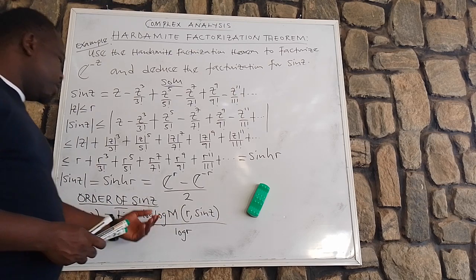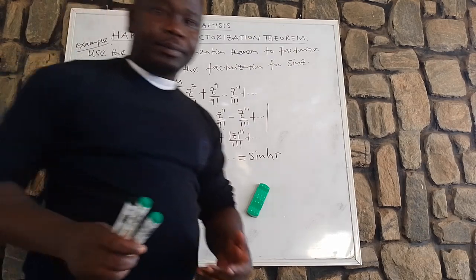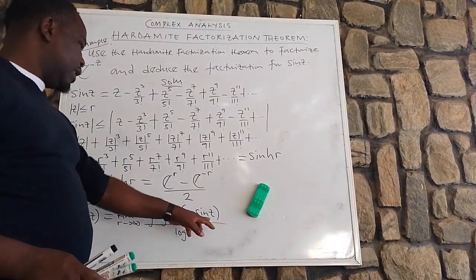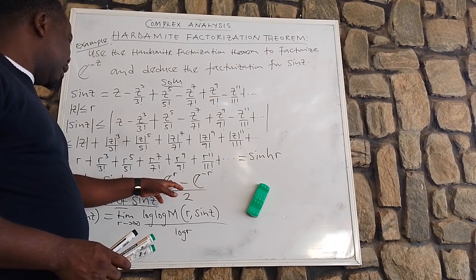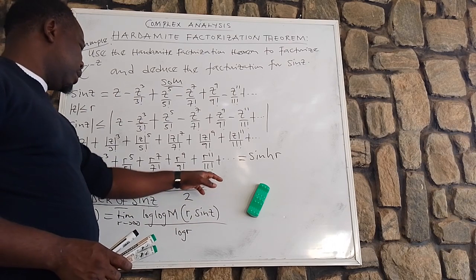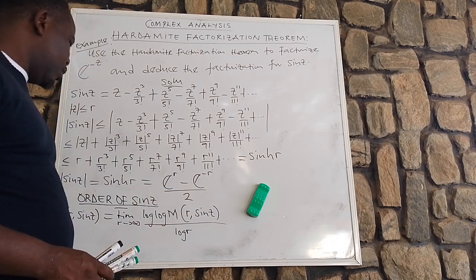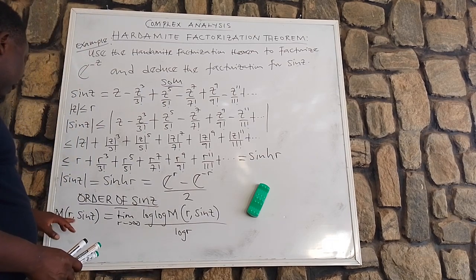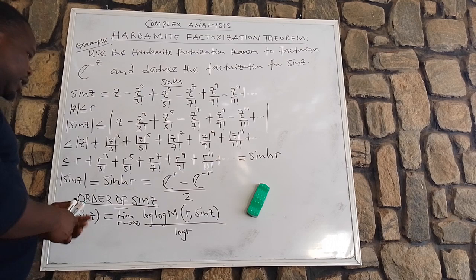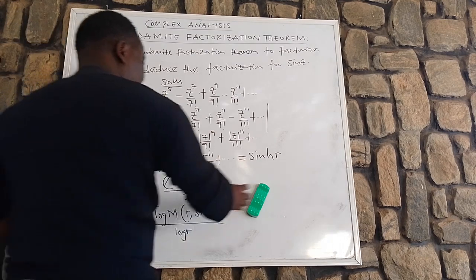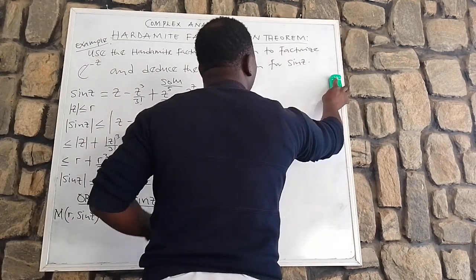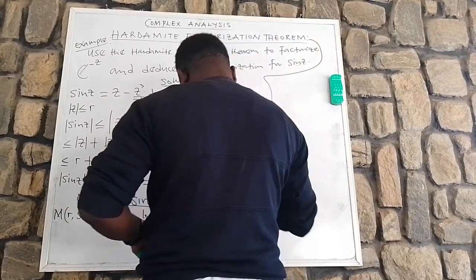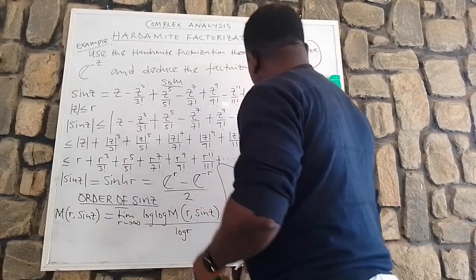Okay? So now you know very well, do you understand? You know very well that our sin z is bounded by exponential R minus exponential minus R all over 2. True or false? So it means the order, that is M of R, sin z. Okay? Let's write it this way. Okay.